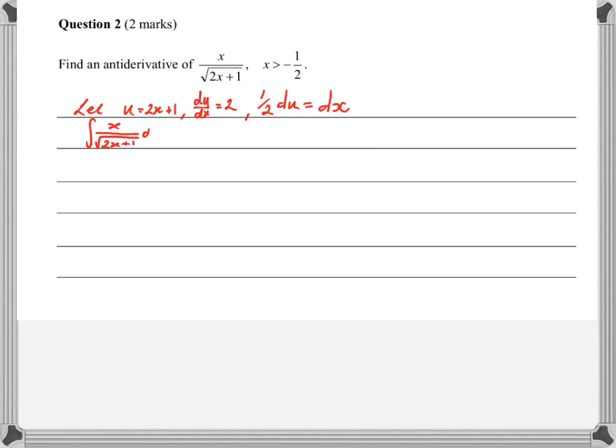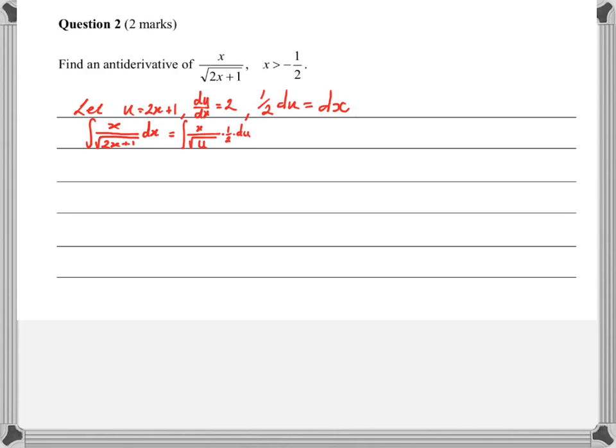Then we set up our integral. So the integral of the x function in terms of u becomes this. So we've got the square root of u down the bottom, and our dx is replaced with a half du. There it is. Now, we can't integrate just yet because we've got a little problem. We've got an x. Okay?